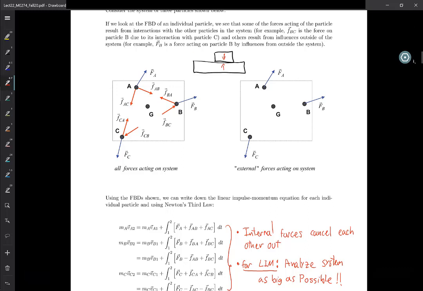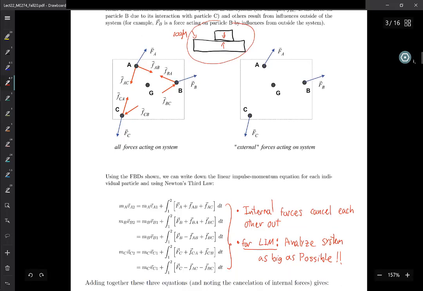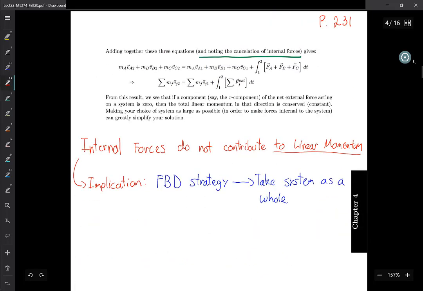And it also says that it's a rough surface. So that is going to lead to what? To friction, but it's internal. So at least for the momentum part, we should take the system as a whole. That should be your strategy when drawing these free body diagrams.